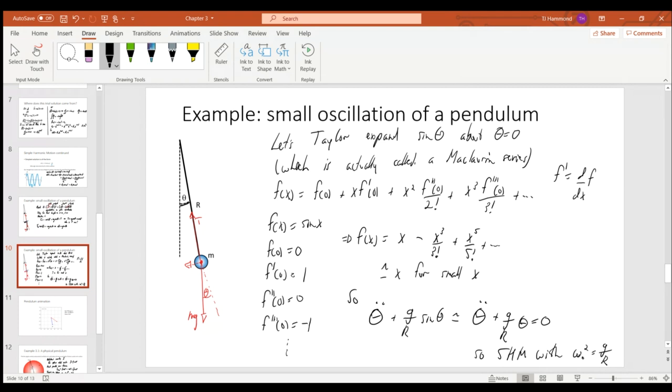Now the second derivative of sine is going to be negative sine, and negative sine of 0 is still 0. Then the third derivative is negative cosine x, evaluated at 0 is negative 1. And this goes on, the fourth one is 0, the fifth one is positive 1.